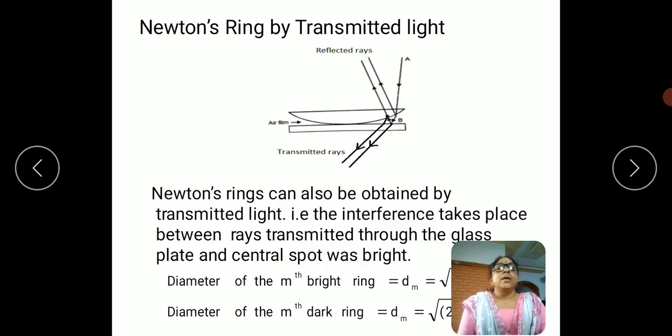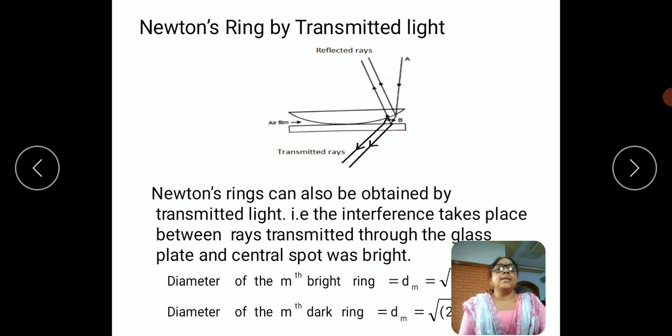Now, Newton's rings can also be observed by transmitted light. The rays reflected come back into the same medium, while the rays that go through the glass plate are the transmitted rays. Observing through the microscope, here also we get the Newton's rings.